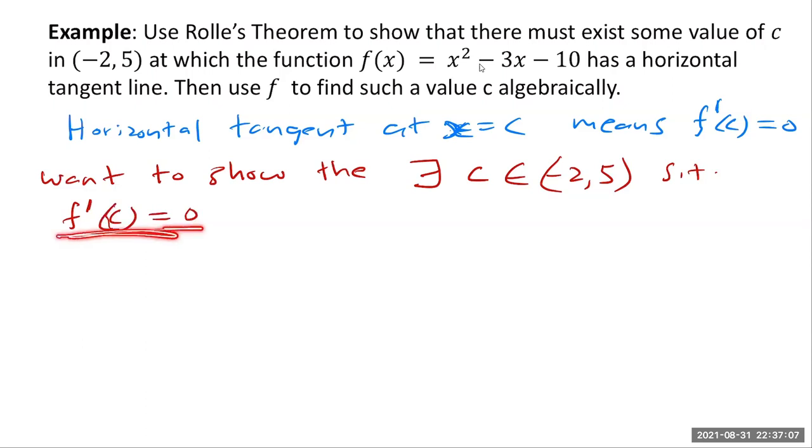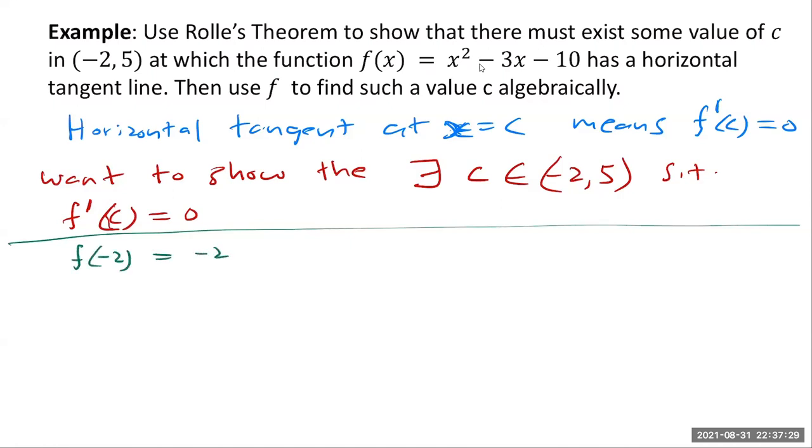F prime of C is equal to 0 means I have a horizontal tangent to my f of x at x is equal to C. I want to show the existence of a C such that f prime of C is equal to 0. How do you show that? Well, this is a straightforward application of Rolle's theorem. Let's observe a few things here. Notice that first of all, f of -2 is equal to -2 squared minus 3 times -2 minus 10. This is equal to 0. That's clear.